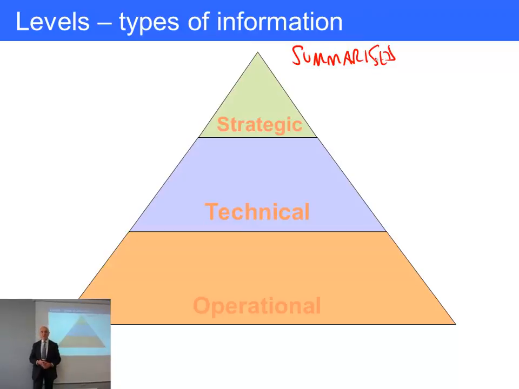You're dealing with group results very often. You may have the ability to drill down, of course. It is often forward-looking, meaning that you're often dealing with what's going to happen in the future.